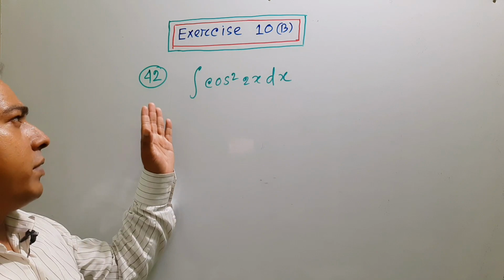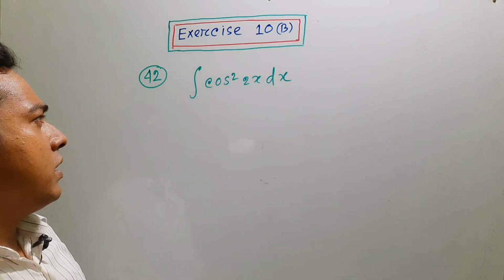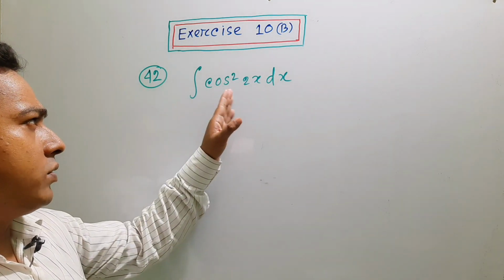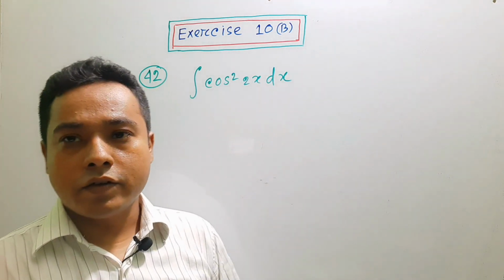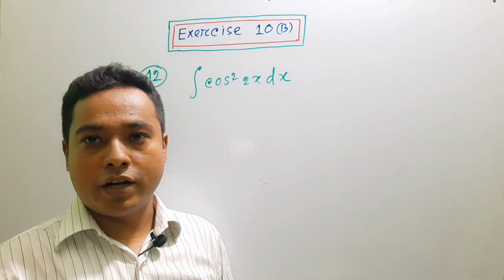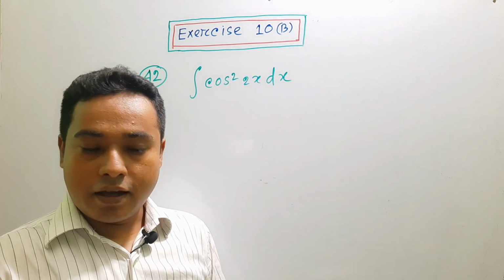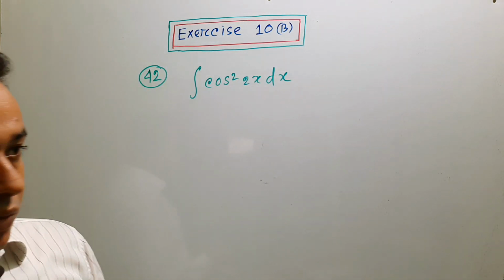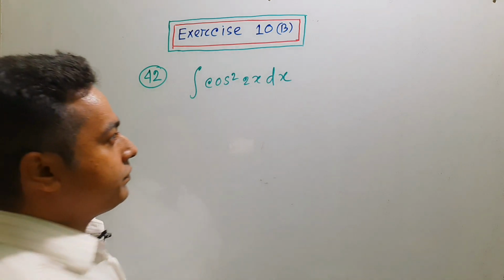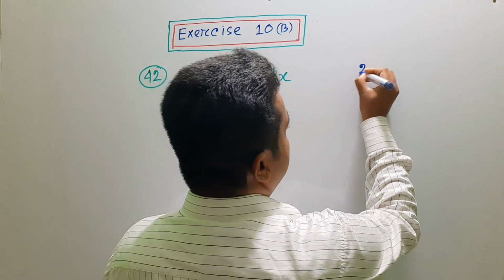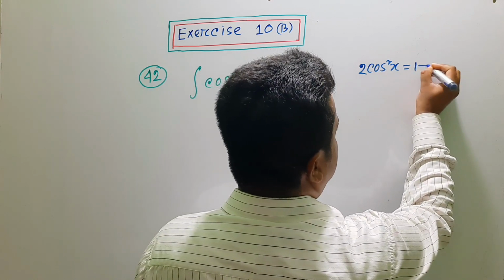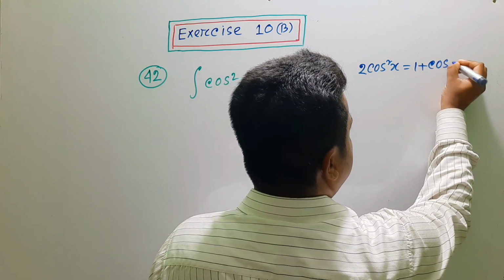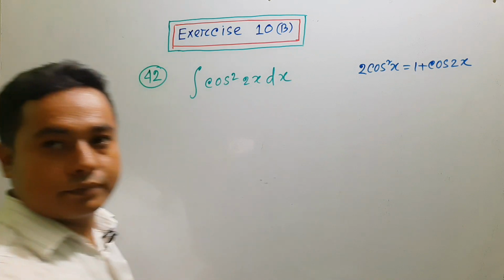Okay, now question number 42. Integration of cos square 2x dx. For solving this math, you have to know the trigonometric formula 2 cos square x. We know that 2 cos square x is equal to 1 plus cos 2x.